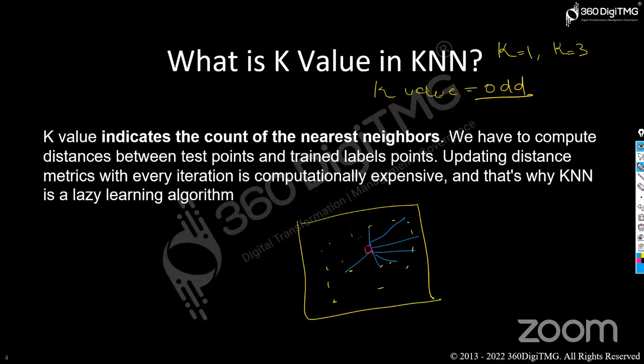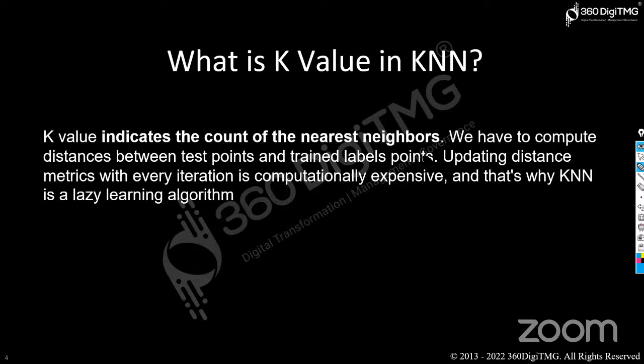Say this was the nearest one, and you assign this to it. But what if your k value is 2? There comes a situation of confusion. That is why we always choose our k value to be odd. That is the thumb rule that you should remember.